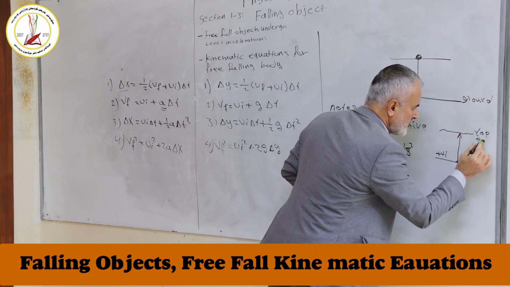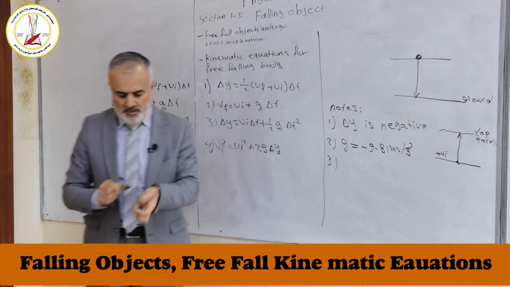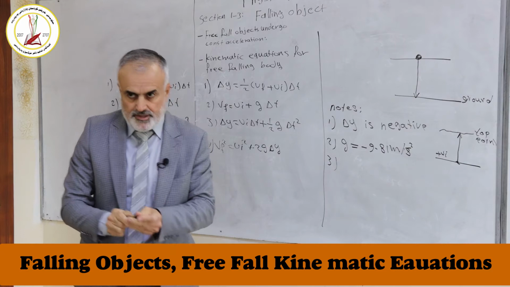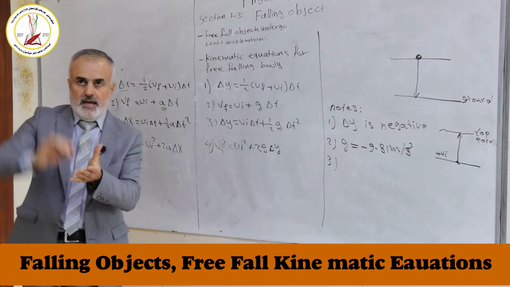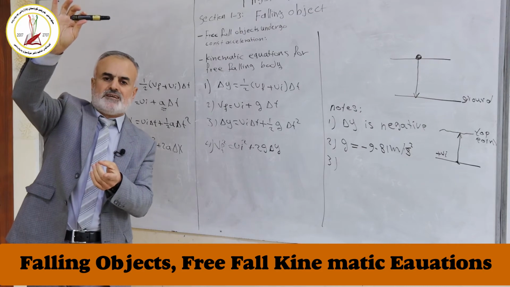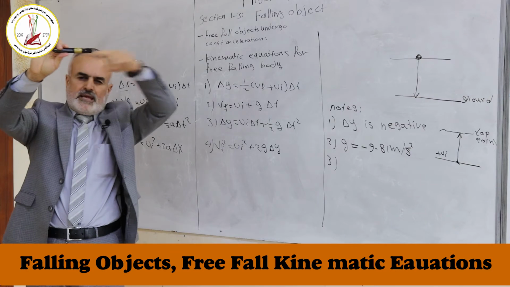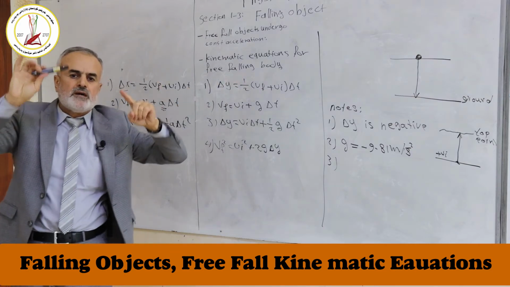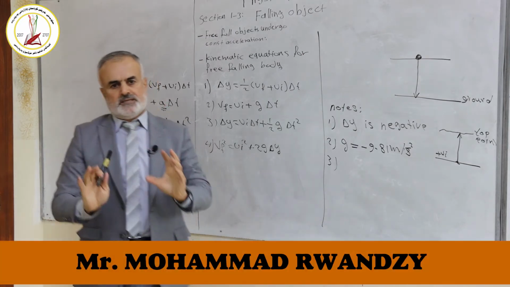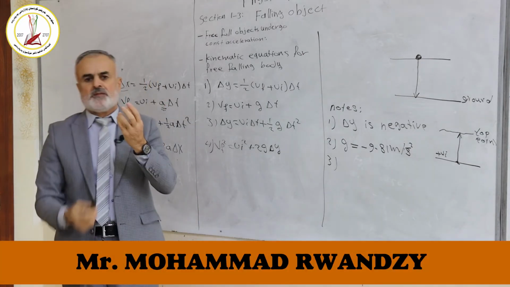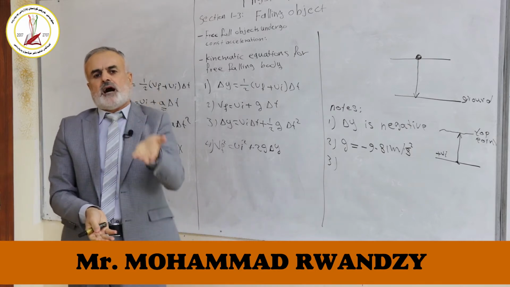At the top point, student, when the object, for example this marker, is thrown upward, I am throwing this marker upward, at this upward point V final becomes 0. Why? Because the object comes to rest or stops for a moment due to gravity. The gravity decreases its velocity that is directed upward.